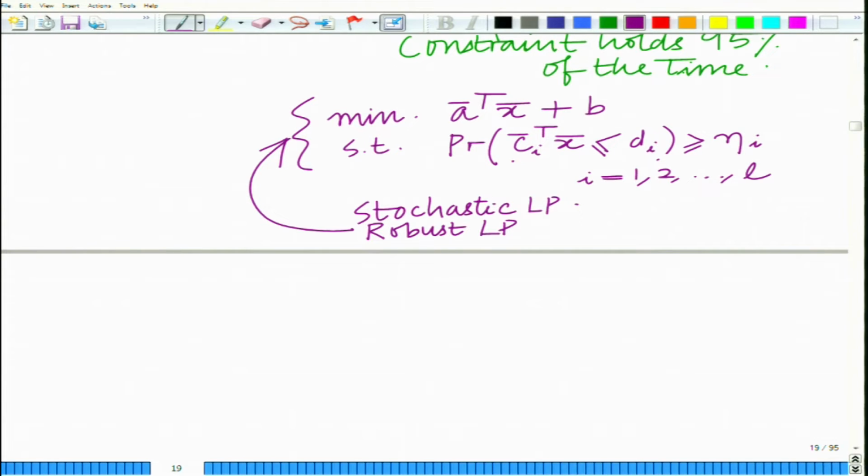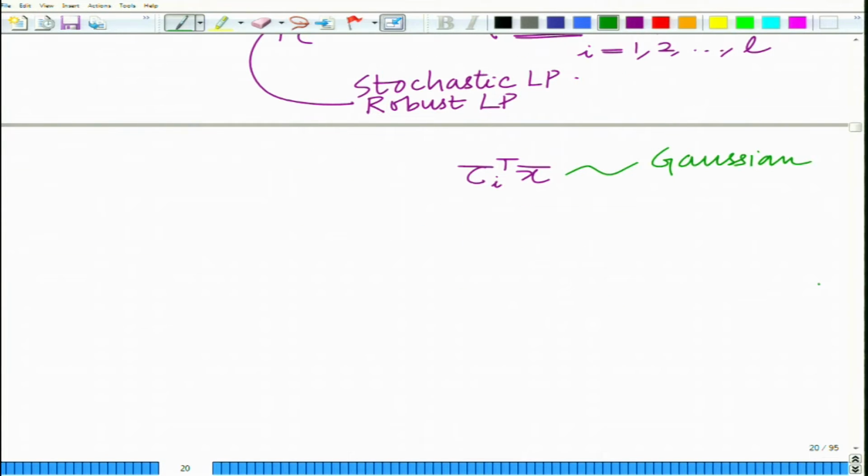Now, let us look at this quantity C bar I transpose x bar. We have already said that this is a Gaussian random variable. Now, let us find the mean and variance of this Gaussian random variable. The mean is simple: the expected value of C bar I transpose x bar, which is the expected value of C bar I transpose times x bar.